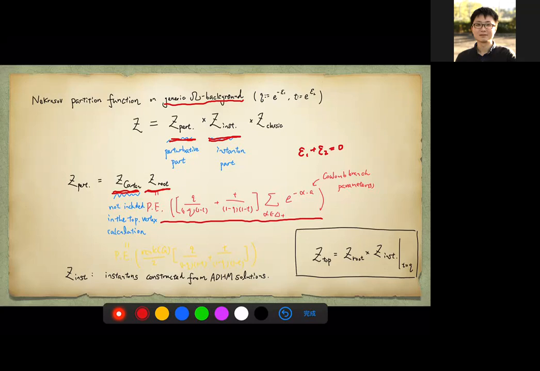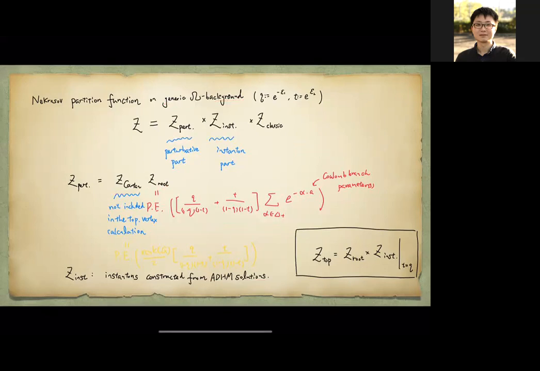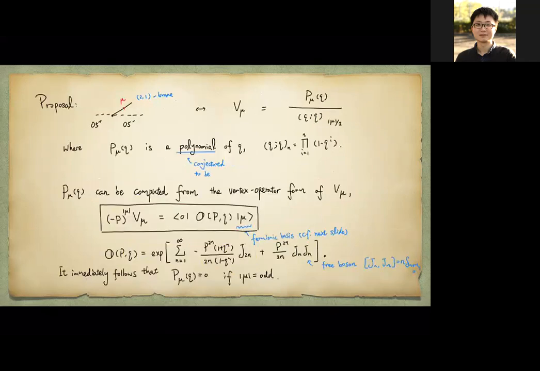We will see that it simplifies the calculation a lot in the SO(N) gauge theories. And of course, the instanton part counts the instantons constructed from the ADHM construction. I guess I don't have to motivate my audience to study the ADHM instantons.